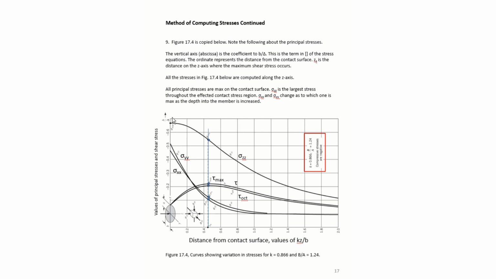These normal stresses have a maximum at the contact surface, but our maximum shear occurs at a distance that is off the contact surface by this 0.43 kz over b distance. And so that's a key takeaway from plotting these curves.